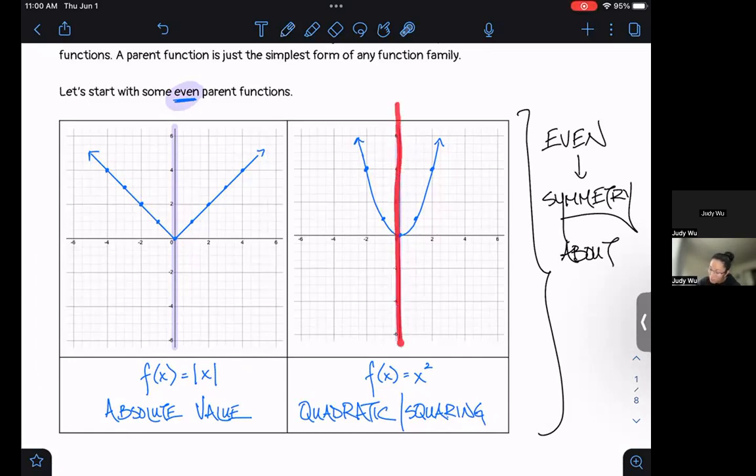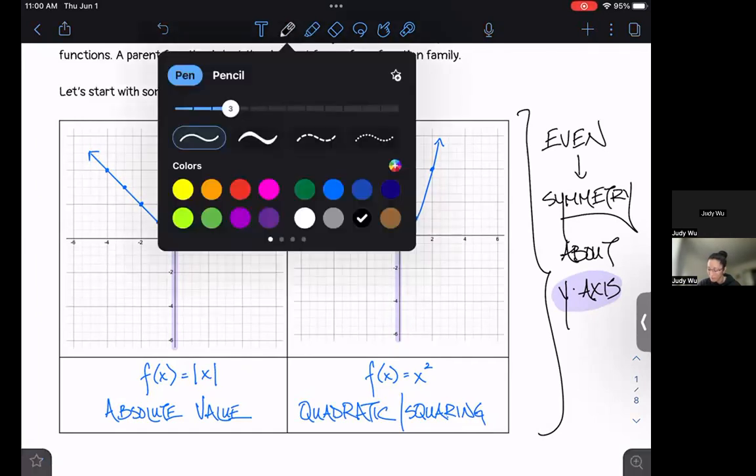Turns out if we fold it over the y-axis and the two pieces meet, then we have an even function. So symmetry about the y-axis. Let's color that in purple too, so we can remind ourselves that that's where our symmetry is. So that is two different examples of an even function.